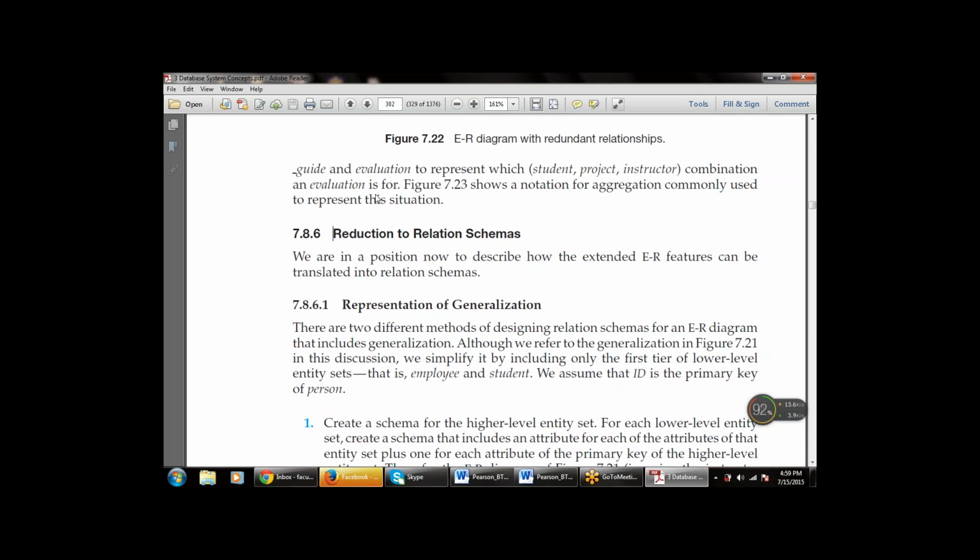The reduction to the relation schema I will discuss after the break. So let's take a break right now.